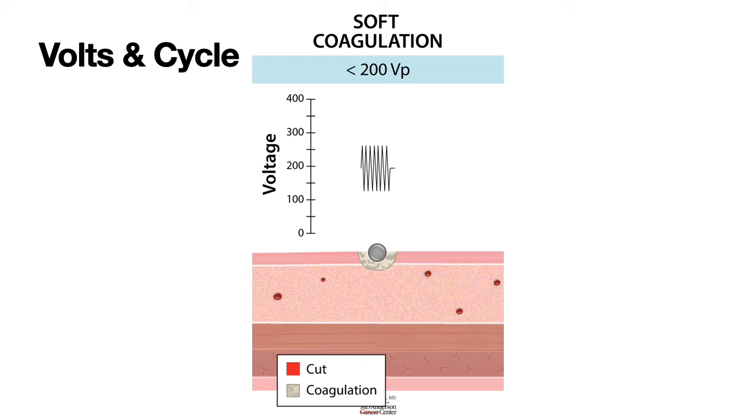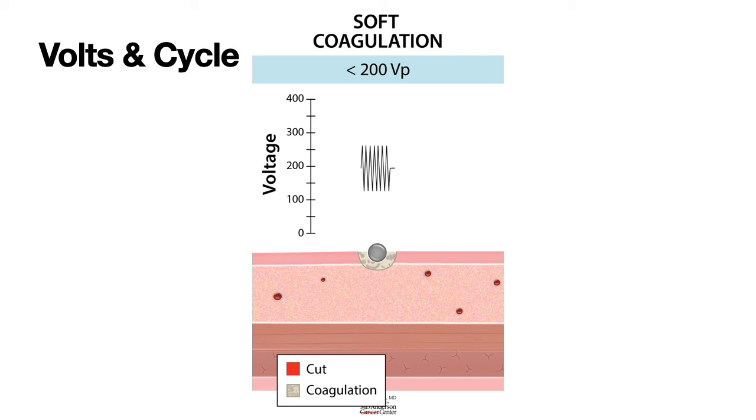It doesn't go too deep. This is used for coagulating blood vessels during dissection of the submucosa. It can be used to ablate the mucosa, and it is safer to treat bleeding and other things where you don't want to create deep thermal injury. So less than 200 peak volts, soft coagulation.